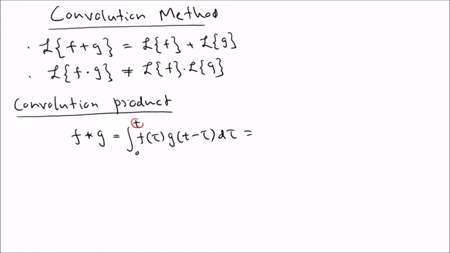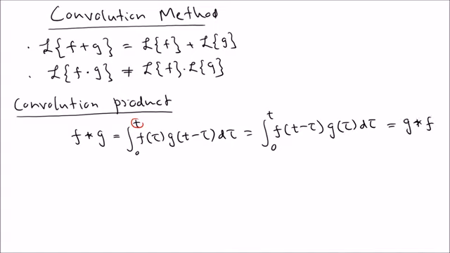Or you can even switch the order. You can put the t minus tau for the first one, and then g of tau for the second one. The interesting part is you get the exact same answer from them. In other words, this product is commutative.